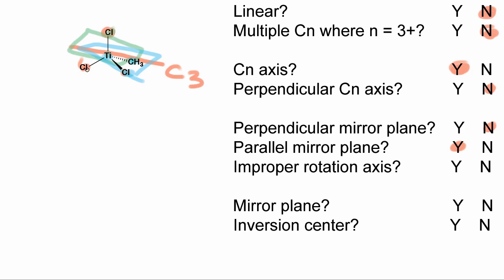And then we have a third one that incorporates this chloride, the titanium, and the methyl group. So we have 3 parallel mirror planes, which gives us the answer yes. And so now that we have this answer, we can tell that this is a C3v point group molecule.